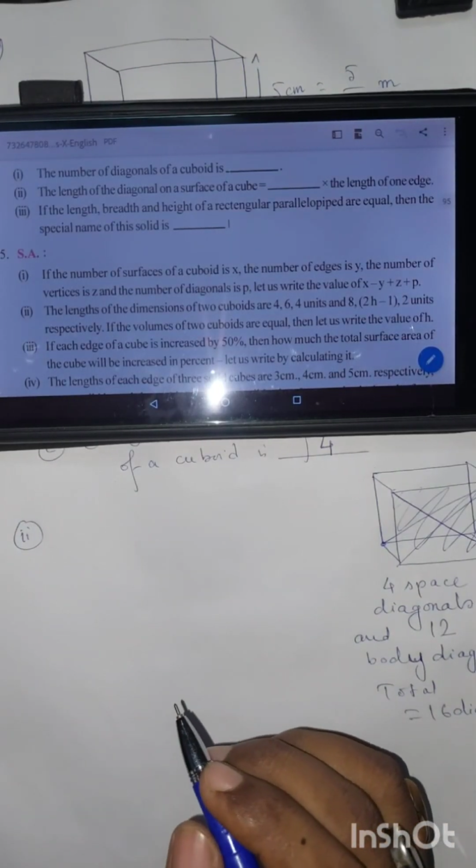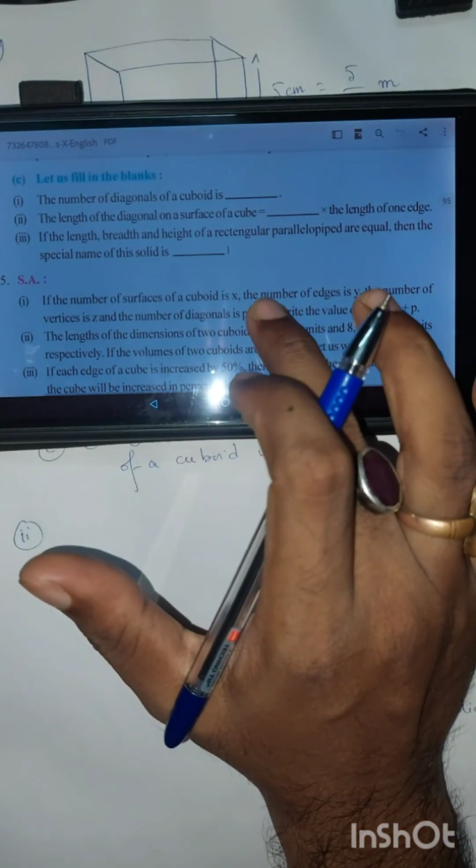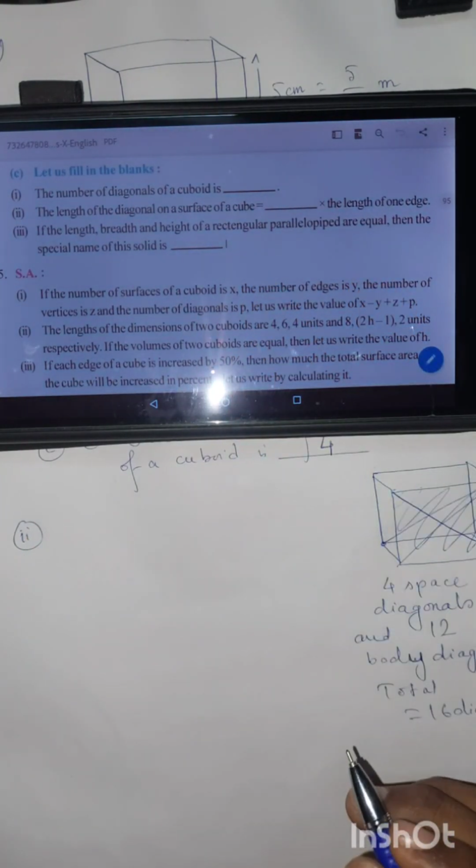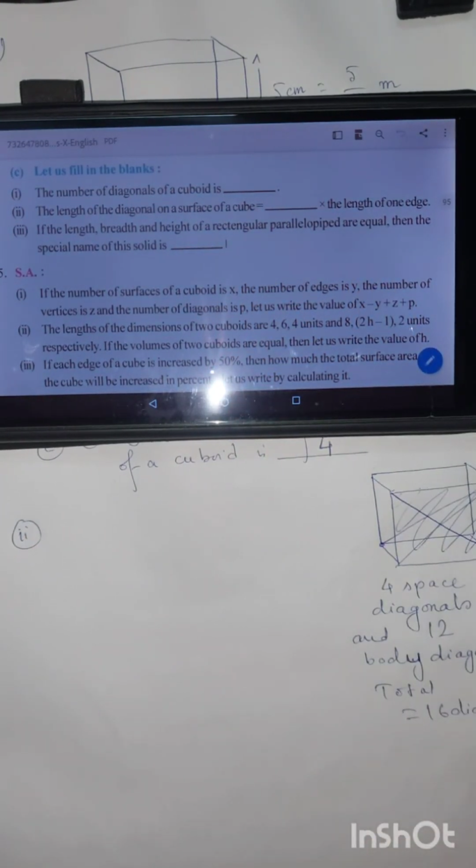C2 says the length of the diagonal on a surface of a cube is dash into the length of one edge.